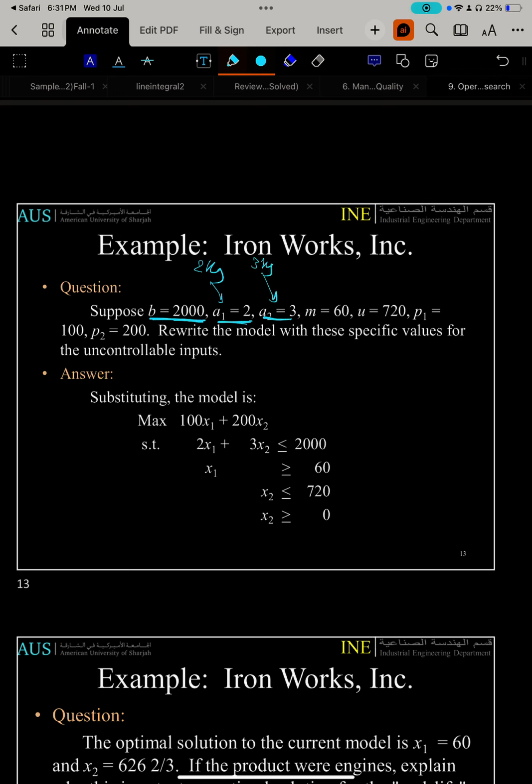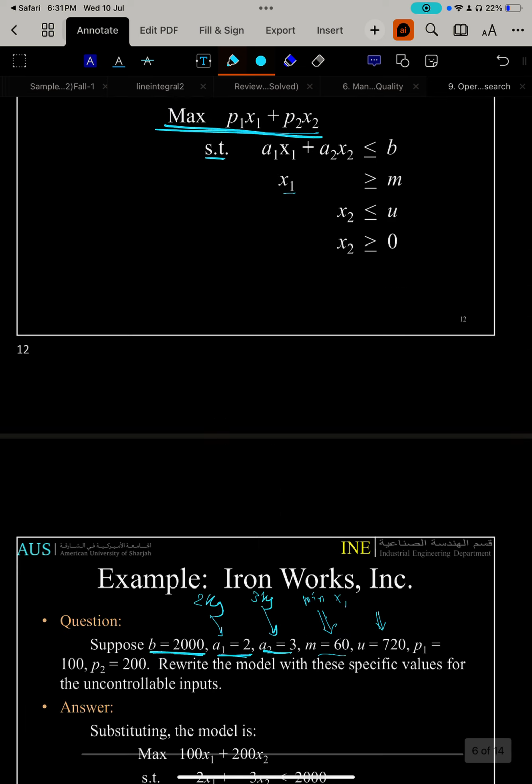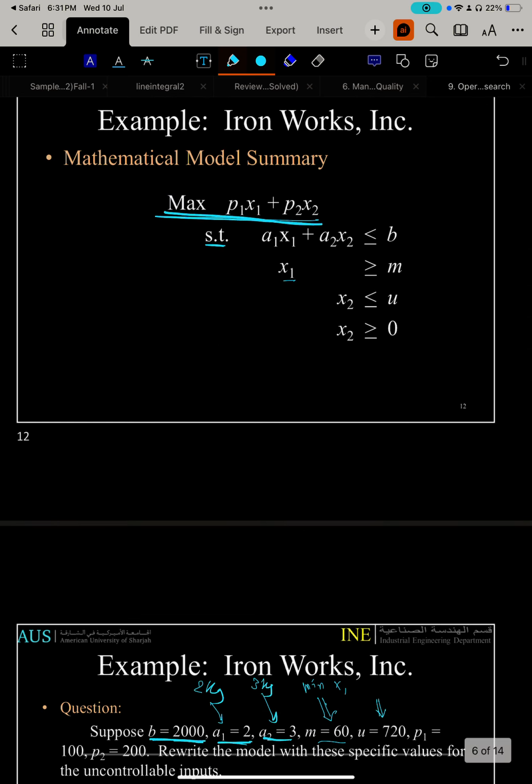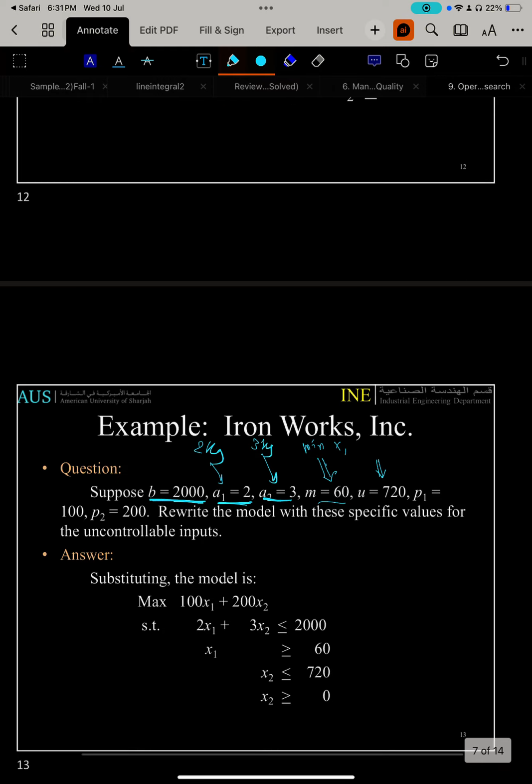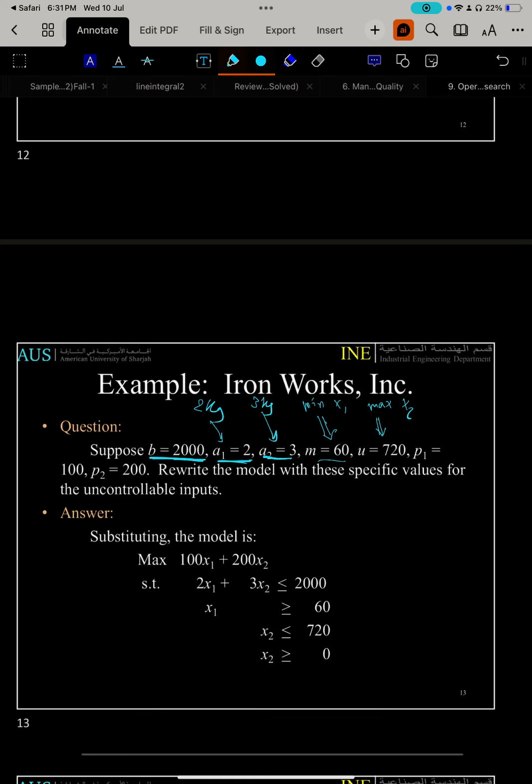M is the minimum number of product one, min x1, and the maximum of product 2, max x2, is a number we cannot exceed. P1 is the profit for product 1, and P2 is the profit for product 2.